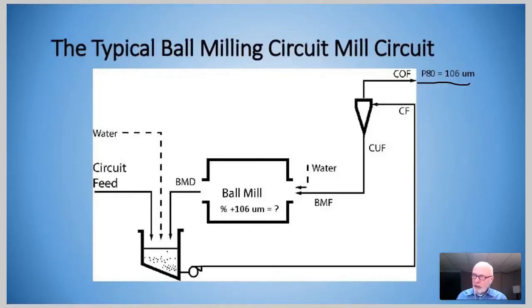We can call the percentage of plus P80 size material in the mill, which is the same as the percentage of the mill power being used to grind the plus P80 size, the circuit classification system efficiency, or CSE. We can also call this the coarse solids energy, which is another way to picture what we mean by CSE. So the question is, what is the percentage of plus 106 micron material in the mill?